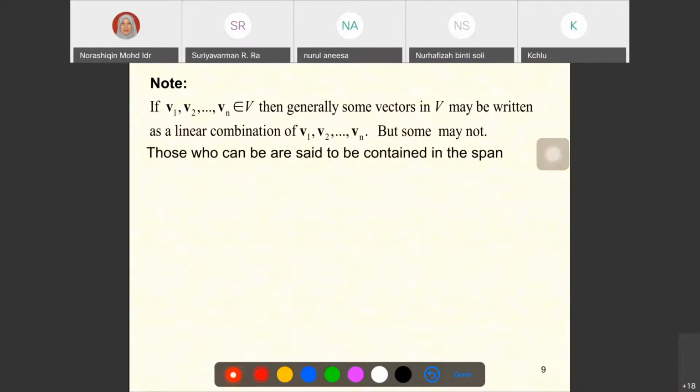So one that can be written as linear combination of some other vectors in V are very special. So those can be said to be contained in the span of the set that contains all the V's.